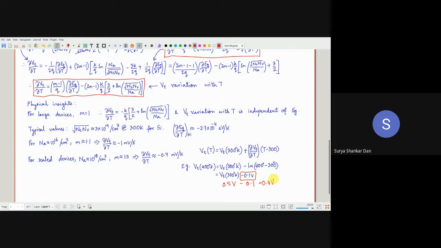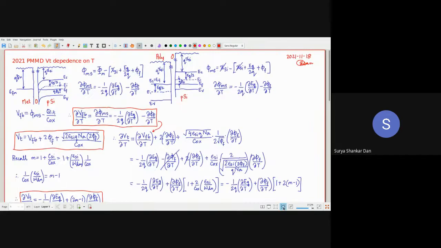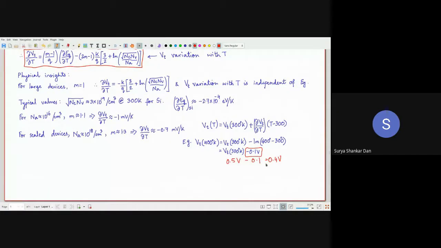Okay, so what is the significance of this? Tell me, anybody? What are going to be the implications of this? That means your VT is getting reduced because of temperature.